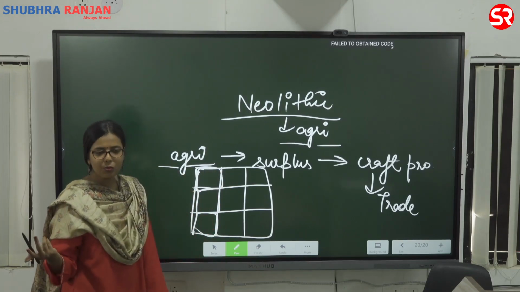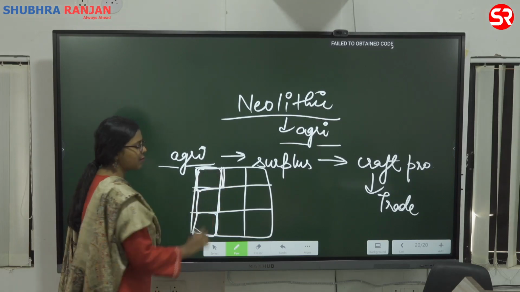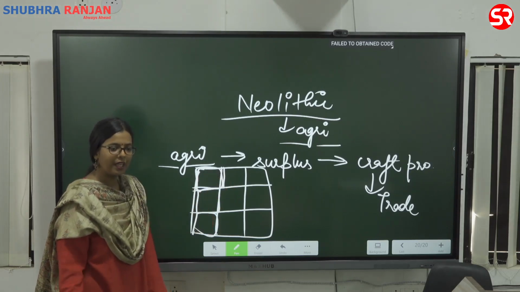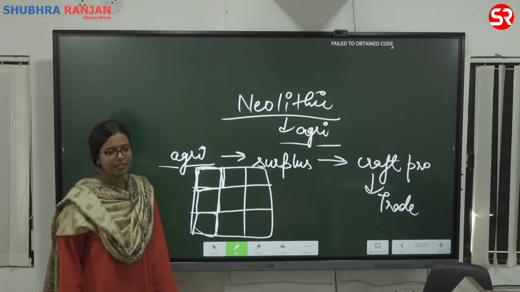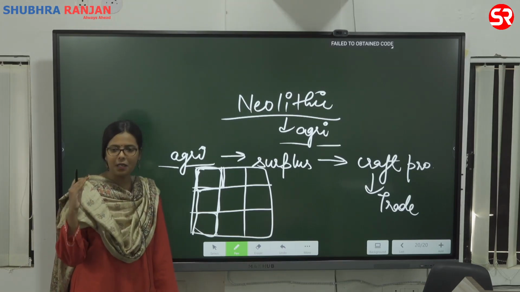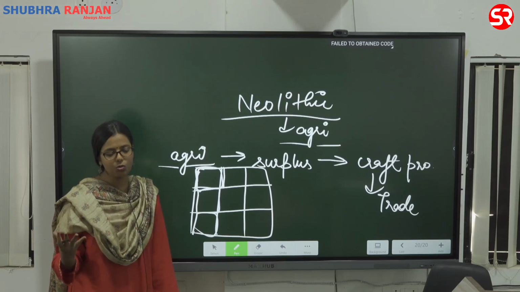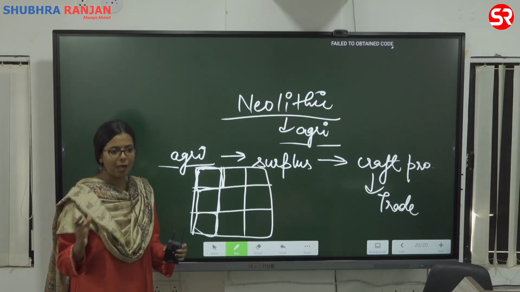There will be disputes. Some person might say, no, this much area is my land. Okay. There is going to be dispute. Why is dispute happening? There is the idea of private property. Why private property? Earlier, when everybody was hunting together, everybody was gathering fruits together, there was the community production which was happening.